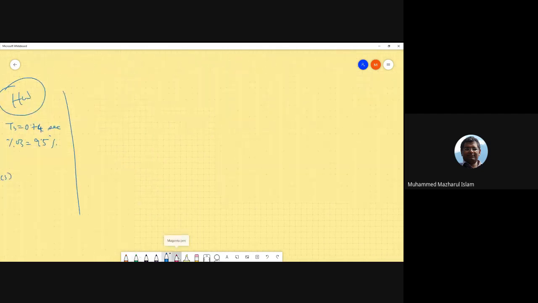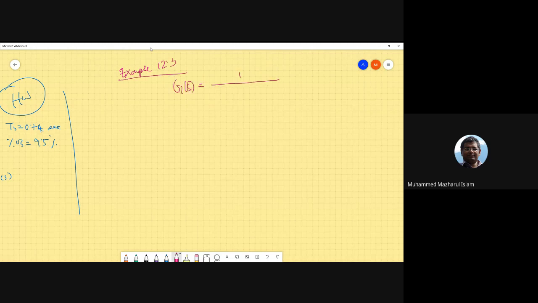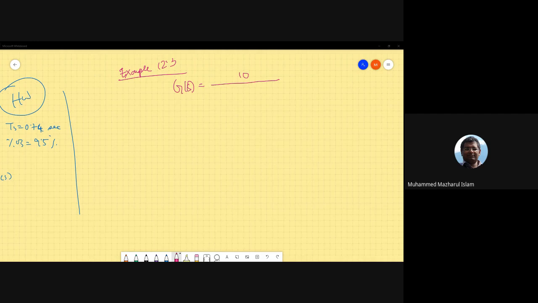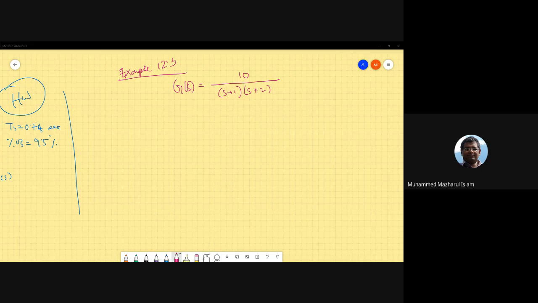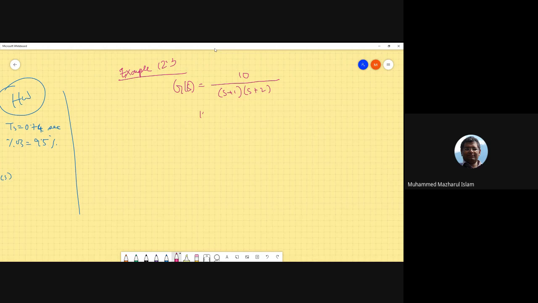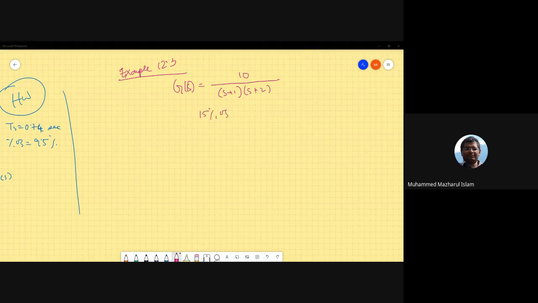So I was saying that example 12.3 shows a system G(s) equals 10 divided by (s+1)(s+2), simply a second order system. Now the requirements are that you have 15% overshoot and a 0.5 second settling time.